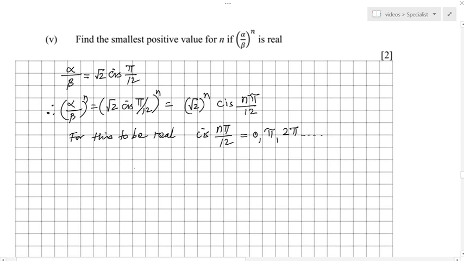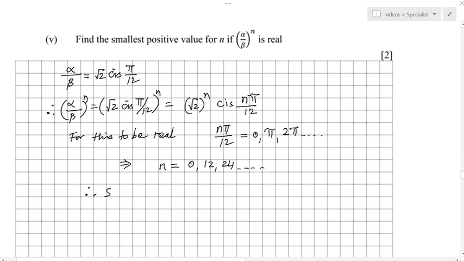Sorry, not cis, the angle, I'm just talking about the argument. The argument should be equal to this. So that gives you n is equal to 0, 12, 24, and likewise.